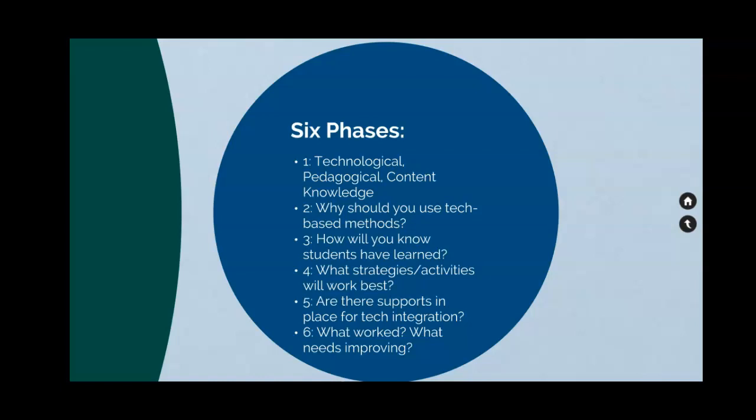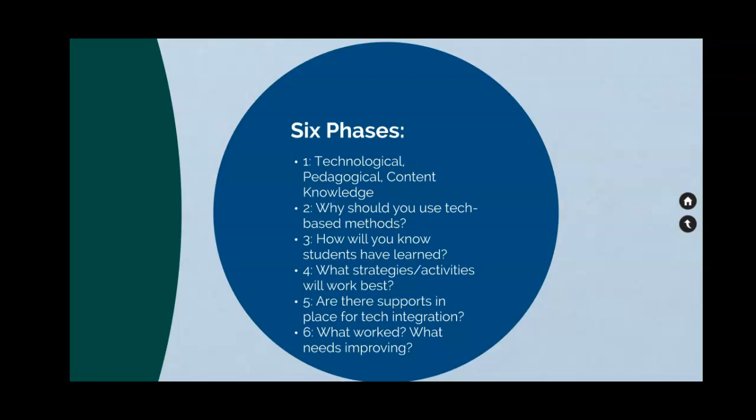Phase number 5 is, are there supports in place for tech integration? Do you have the support that you need to efficiently and effectively integrate technology into your classroom, such as technical support and software and hardware applications or equipment?